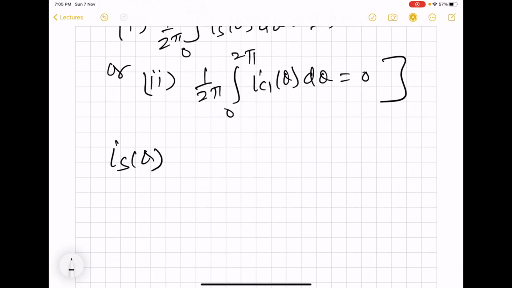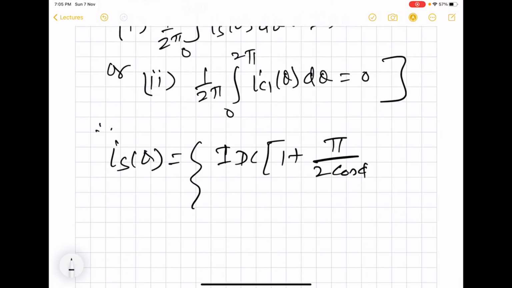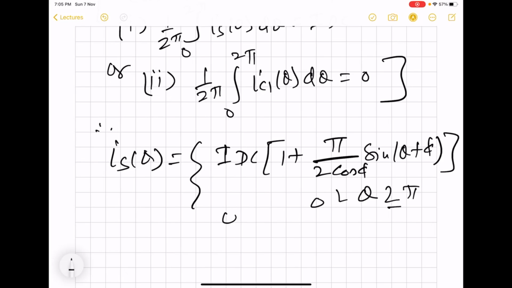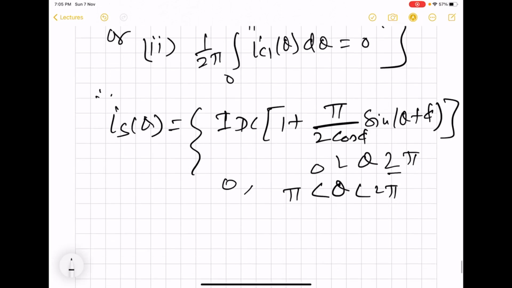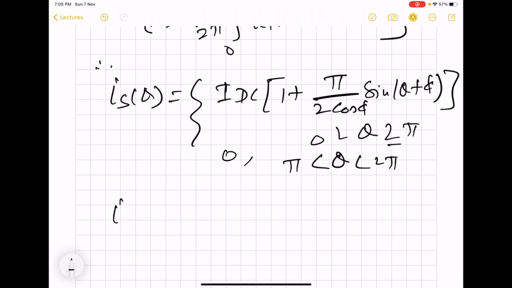So therefore, this switch current equation becomes IDC into 1 plus pi by 2 cos phi sine theta plus phi for the first half, and 0 for the rest of the cycle.